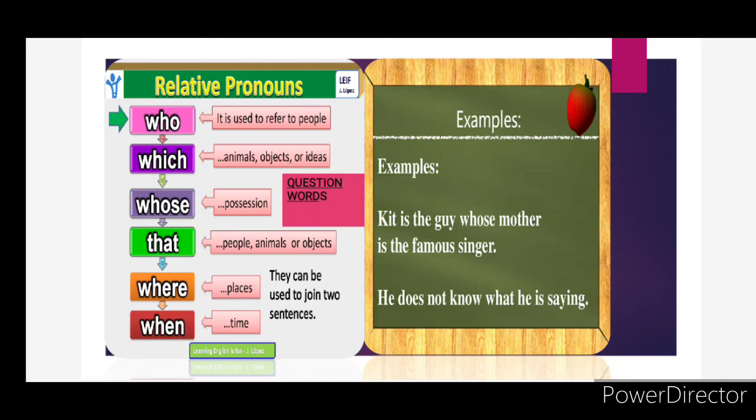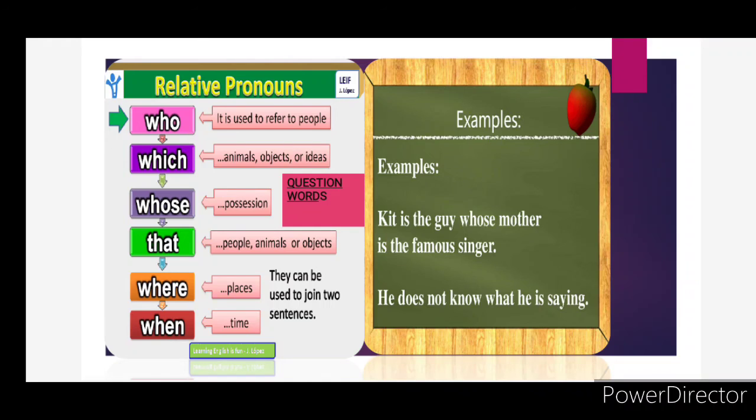So I repeat, who, which, whose, that, where, and when are all examples of relative pronouns, where who refers to people, which refers to animals, objects, or ideas, whose refers to possession, that refers to people, animals, or objects, where refers to places, and when refers to time.